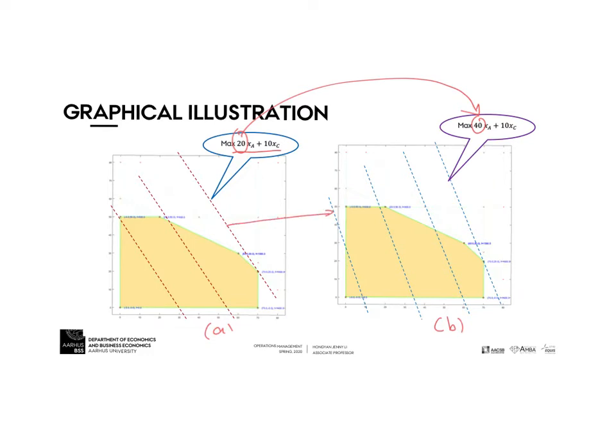So when you change the coefficient, this line's slope changes. That's what we basically would like to show you. In this example, you can see the optimal solution is not changed, even though you doubled the coefficient of decision variable xa.